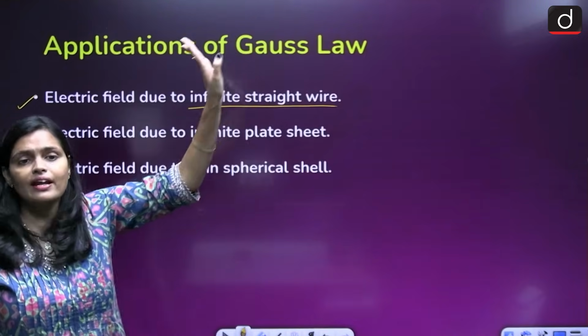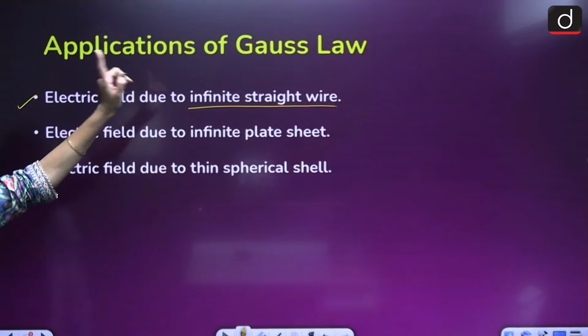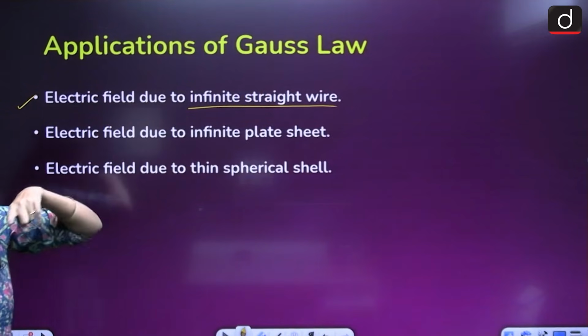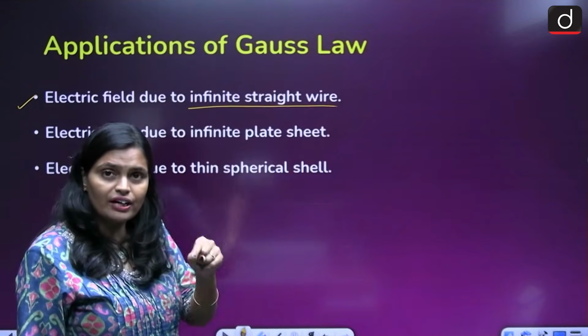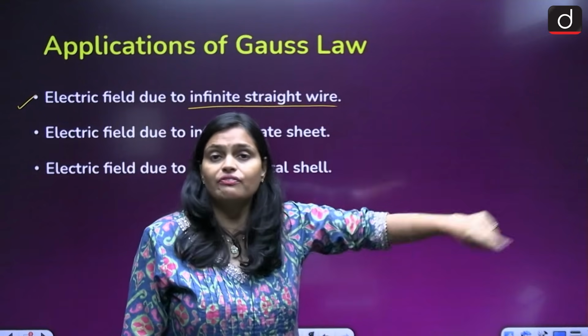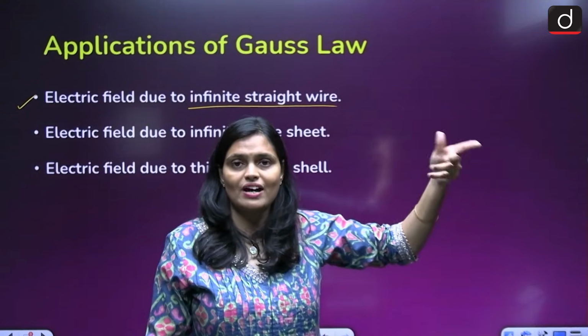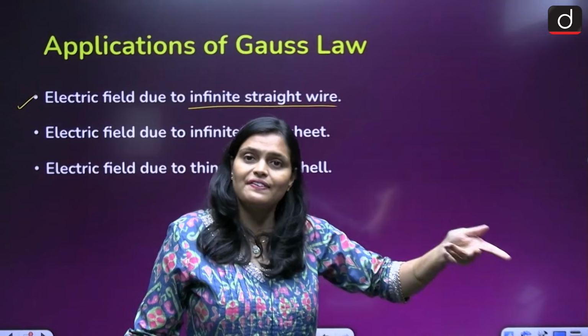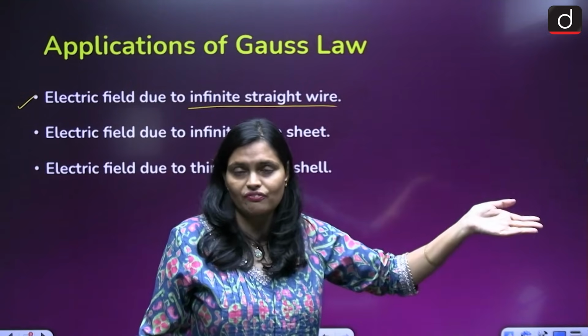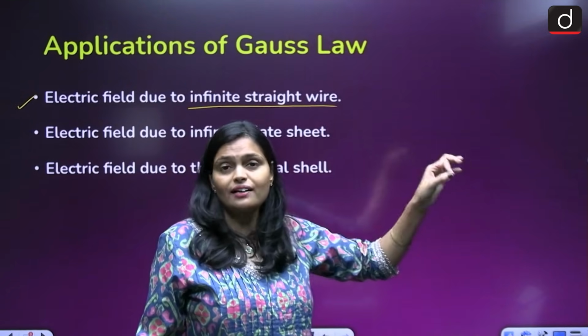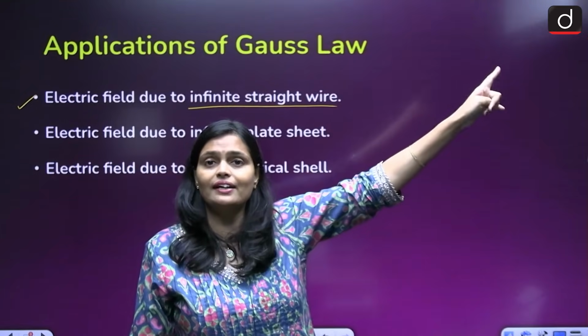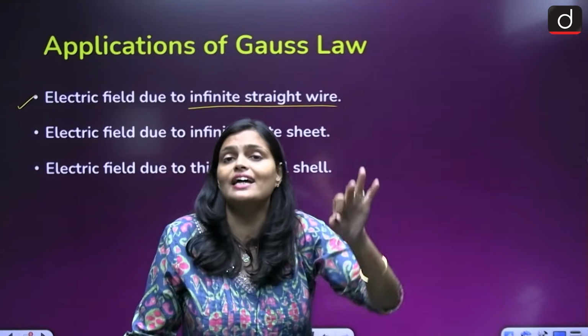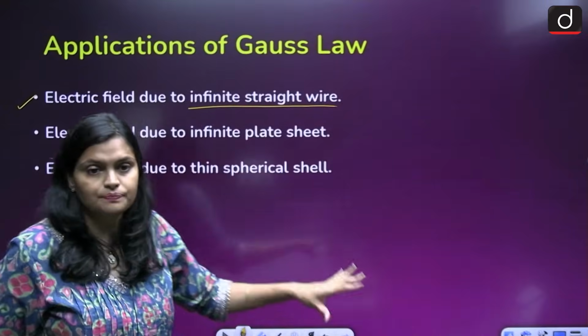Okay, infinitely long wire you have. And if you want to calculate the electric field of that wire, because if it is a wire obviously it has charges, if it has charges obviously it has electric field, right? So how much electric field is there in an infinitely straight wire, that you can calculate using this Gauss law.